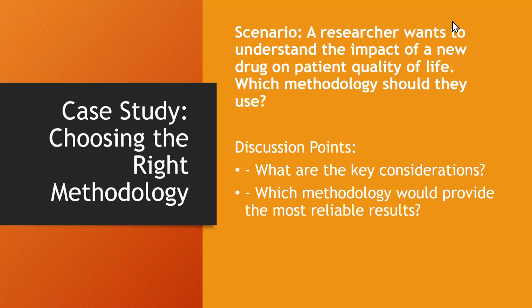Anyone? Yes, Justina, can you answer? If a researcher wants to understand the impact of a new drug on a patient, I think the best review we can consider is the scoping review, because it's an assessment of the size and scope of the research, and it is also used to explore a new or emerging topic.